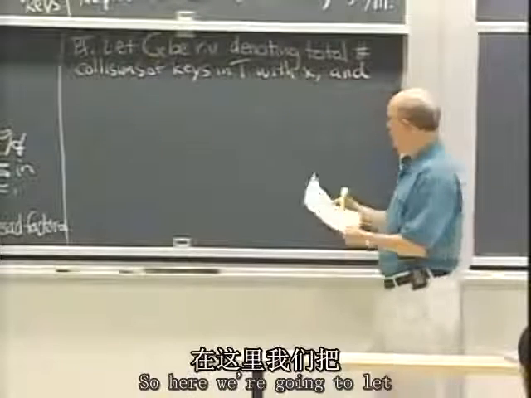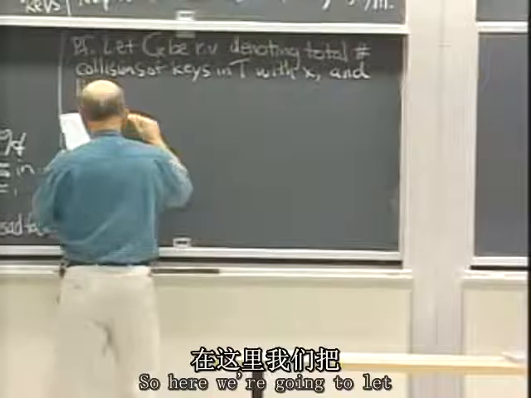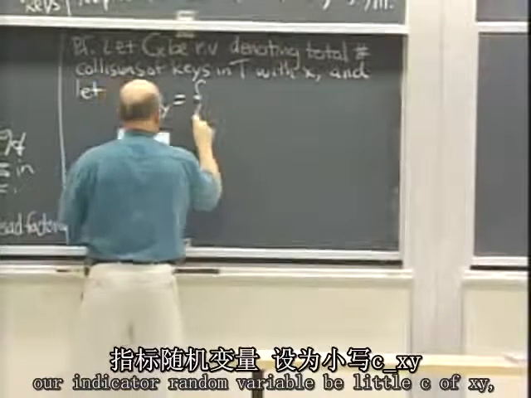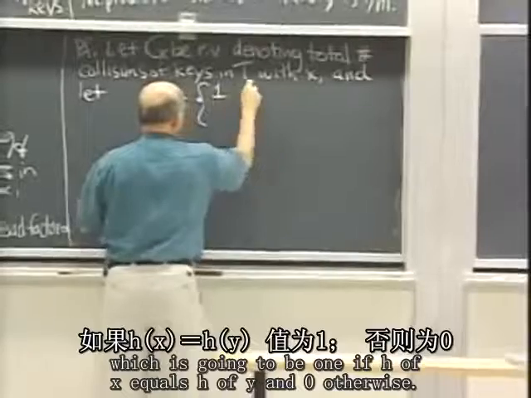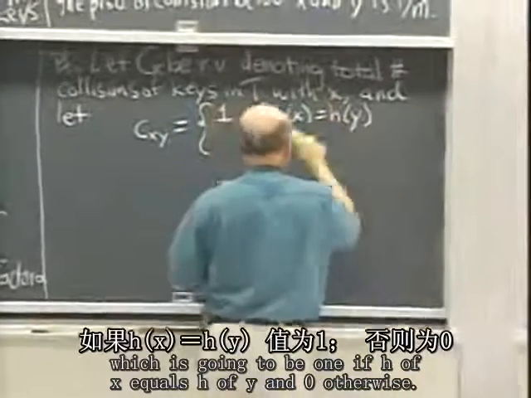So here we let our indicator random variable be little c of xy, which is 1 if h of x equals h of y, and 0 otherwise.